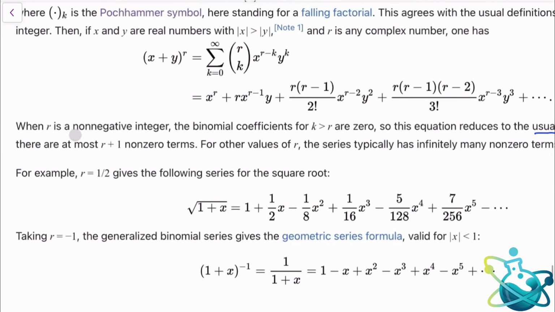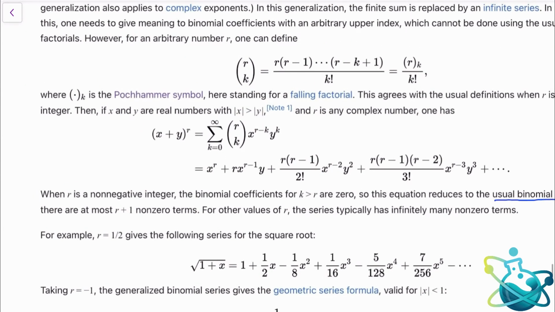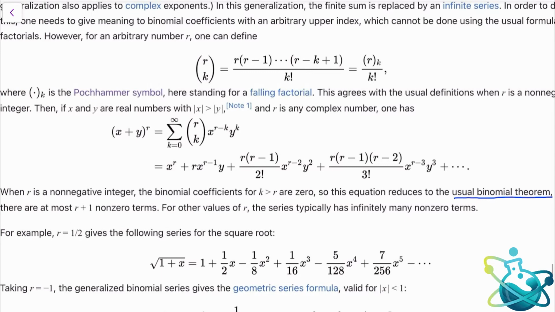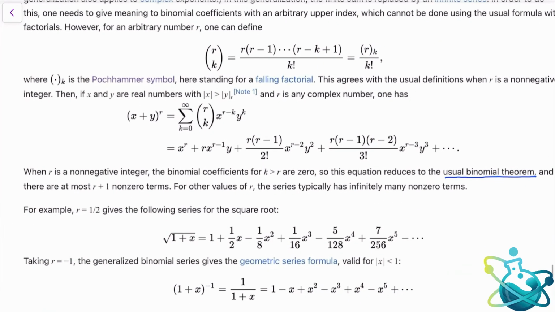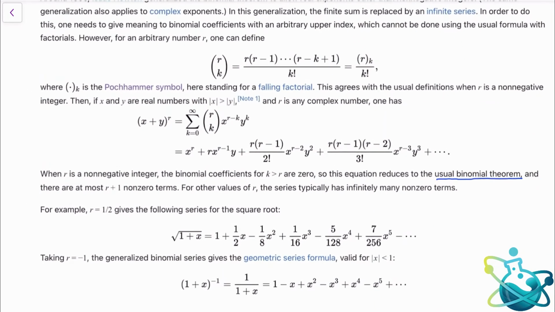When r is a non-negative integer, in other words, 0 and 1 and 2 and 3 and 4 and so on, positive numbers and 0, the binomial coefficients for k bigger than r are 0. So what do they mean by that? This is the case of the usual binomial theorem, which I called the modern binomial in the previous section, but it's actually the usual binomial.